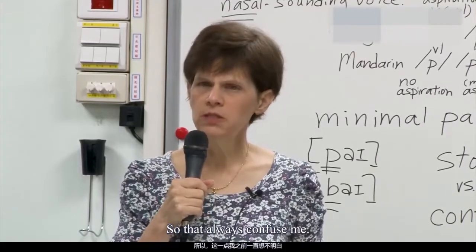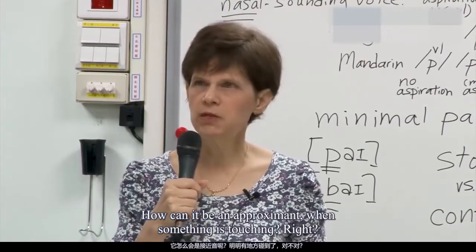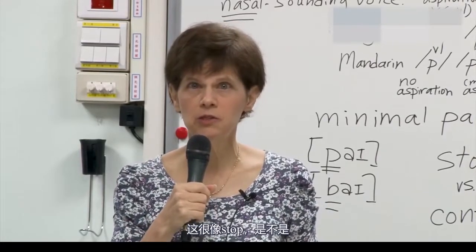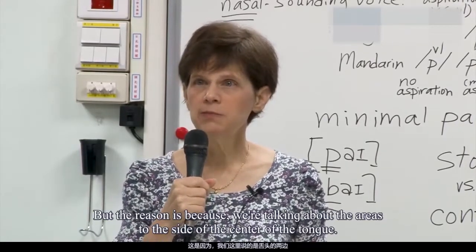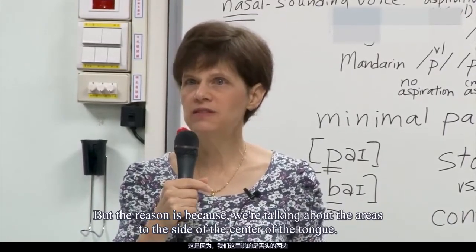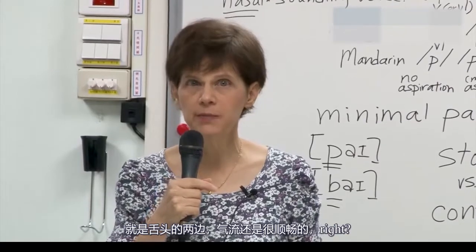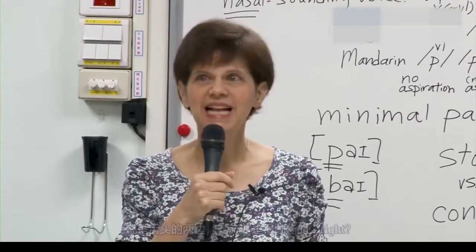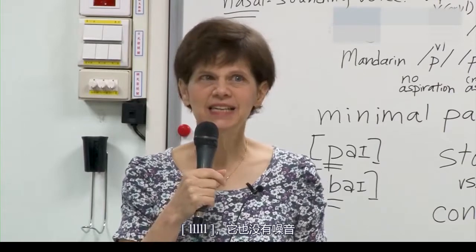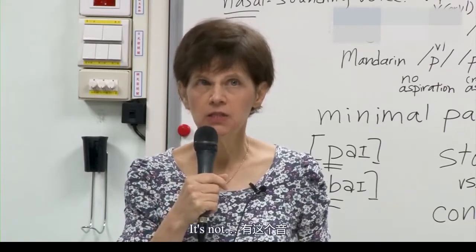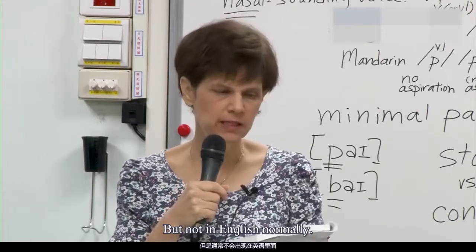So that always confused me. How can it be an approximant when something is touching, right? 这很像 stop, 是不是? But the reason is because we're talking about the areas to the side of the center of the tongue, 就是舌头的两边，气流还是很顺畅的 right? 它也没有噪音. 有这个音 but not in English normally.